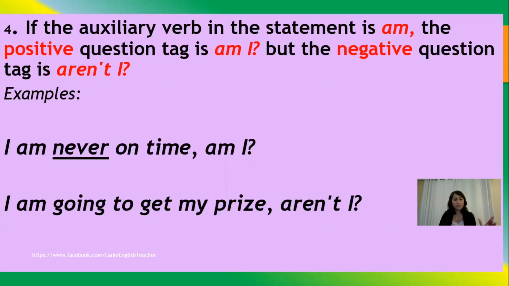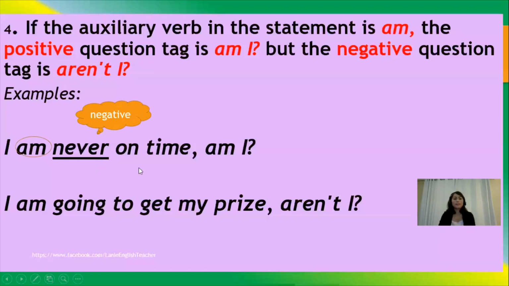So take for example, for this statement, I am never on time. Now, this statement is negative. What makes it negative? Do you have any ideas? Now, the word never here, again, the word never makes the statement negative.